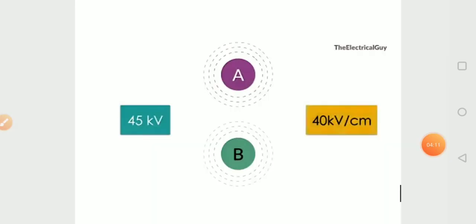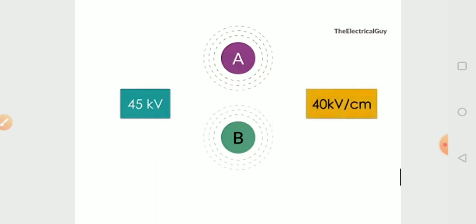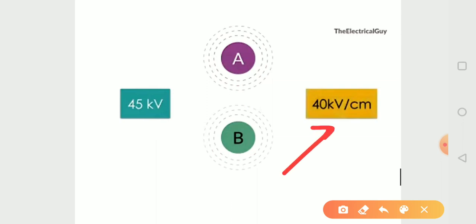Now when we increase the voltage from 25 kilovolt to 45 kilovolt, the electric field intensity between the two electrodes will increase to about 40 kilovolt per centimeter. This is enough to break the insulation properties of the air.